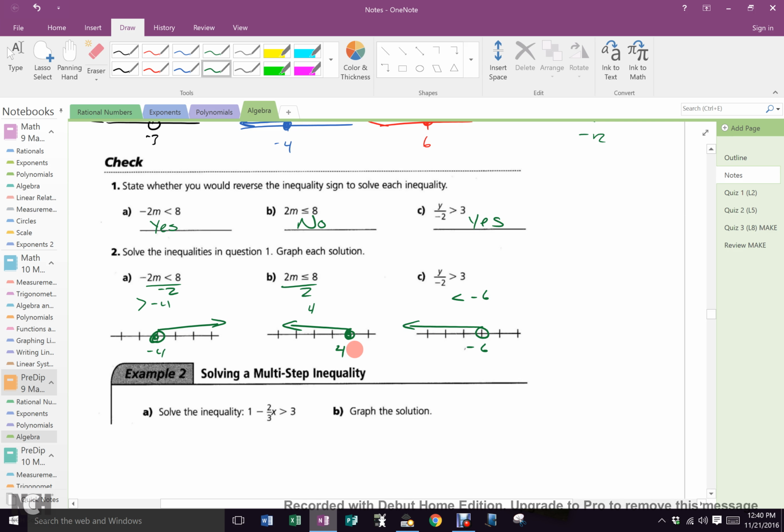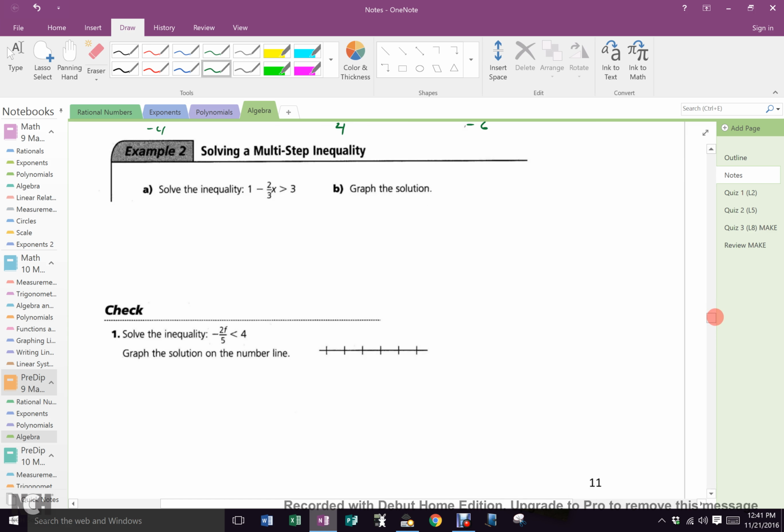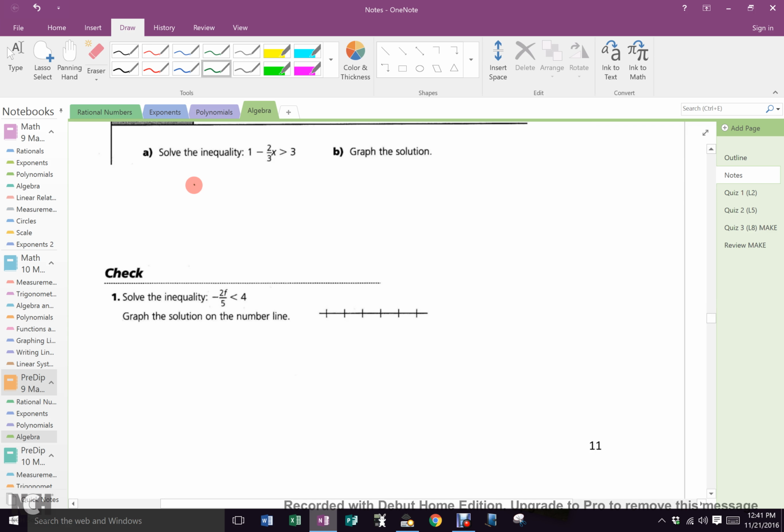Now, we put it all together. One minus 2/3 x is greater than 3.